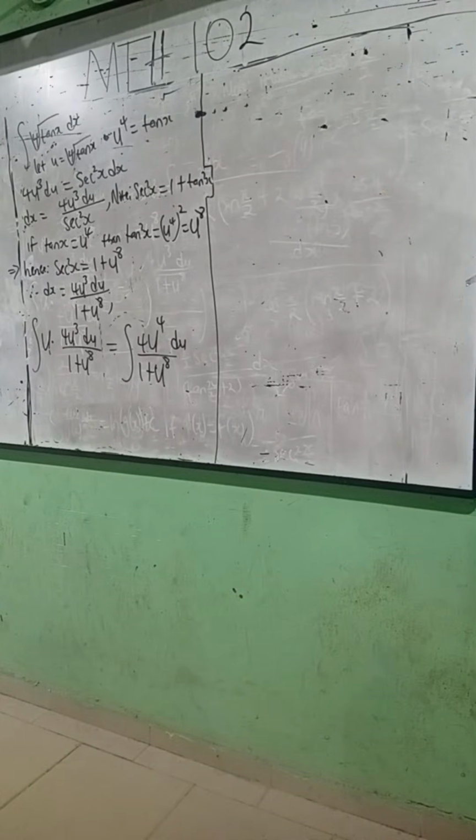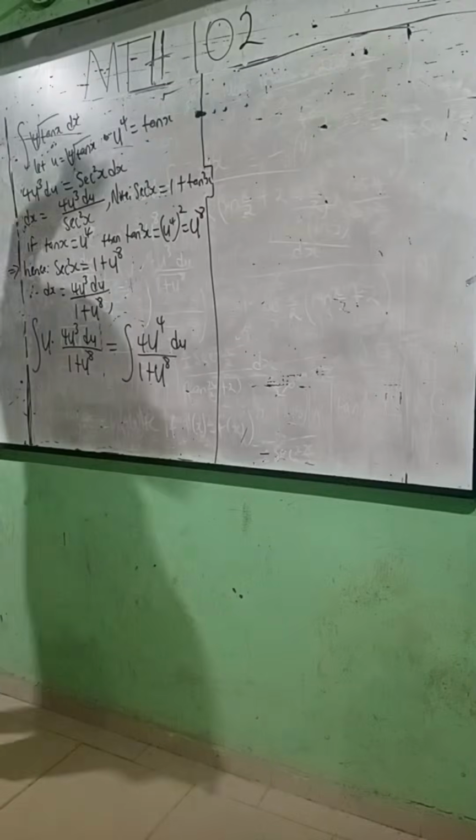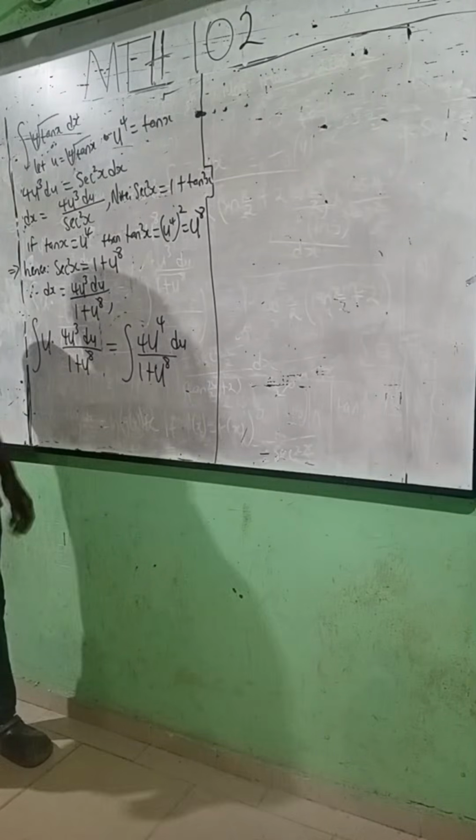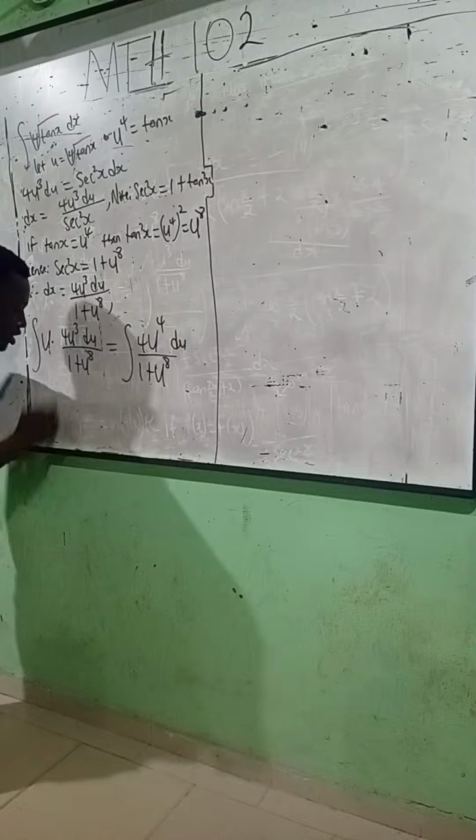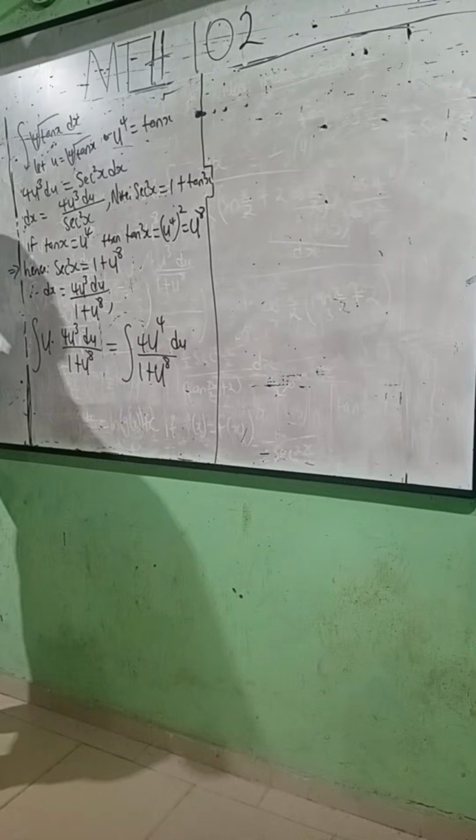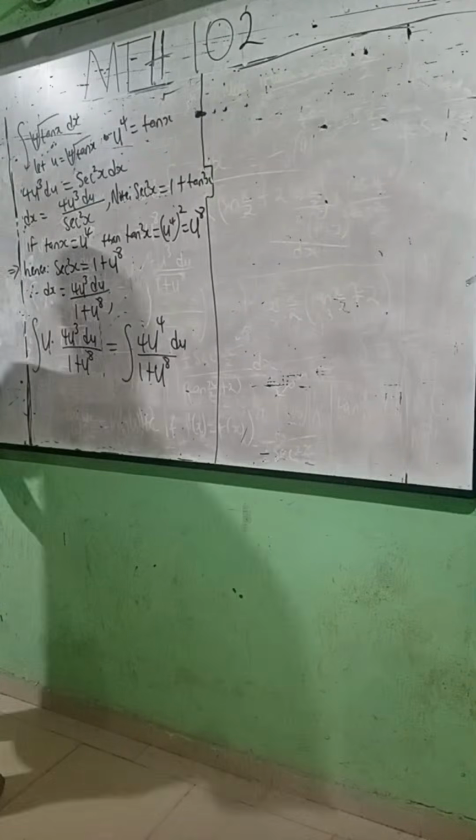Now the next thing to do, divide both the numerator and the denominator by u raised to power 4. Is that so? Wait first.